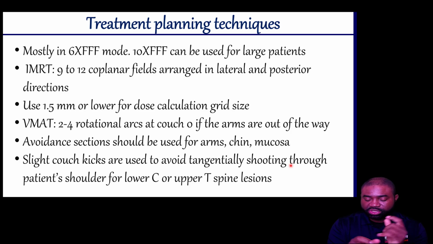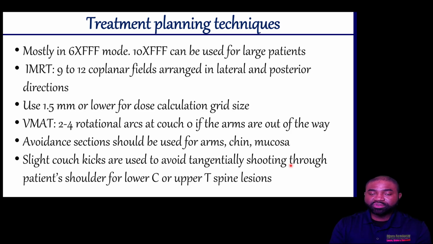About the dose grid that is recommended by TG 101, it should be less than 3 millimeters. But at Henry Ford, where I am as a resident, we use 1.5 millimeters. The thing about the dose grid is the smaller the dose grid size, the more accurate the dose computation, which also implies that the gradient will be steep enough and the dose will be more conformal to be able to spare the cord, which really is what we want.